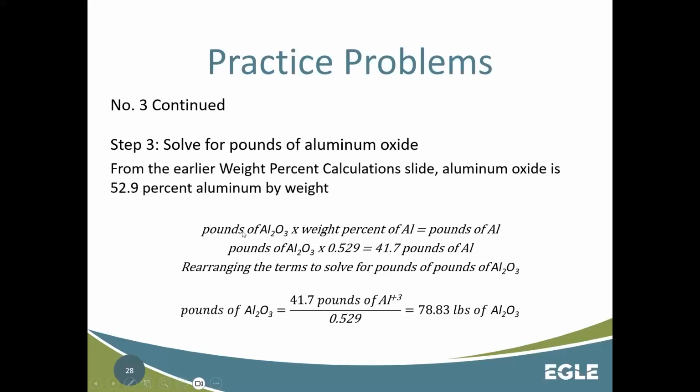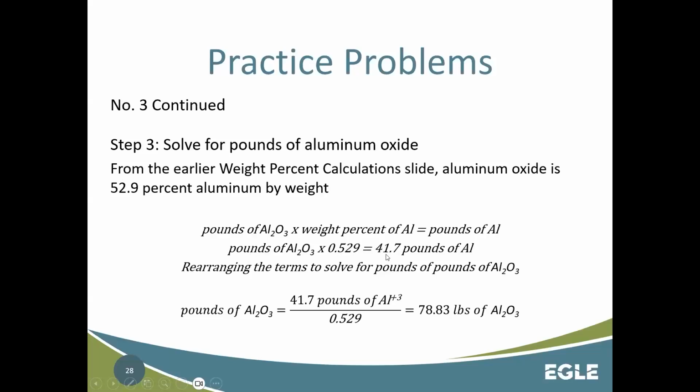So in order to solve for this, the pounds of aluminum oxide times the weight percent of aluminum equals the pounds of aluminum. What we know here is the weight percent of aluminum. We were given that, but we could have calculated it: 52.9%. We need to convert that into a decimal, so it shifts the decimal 2 places back, which gets us 0.529.